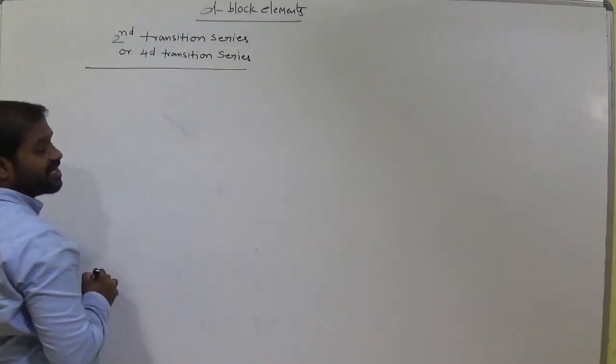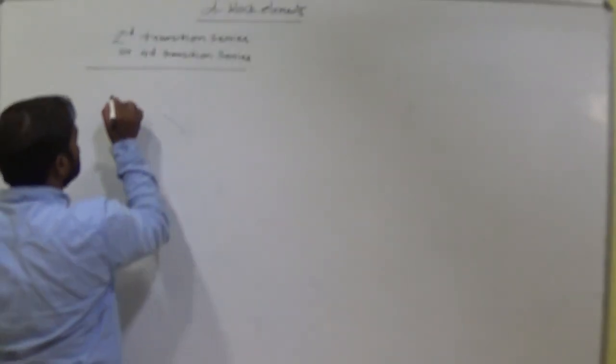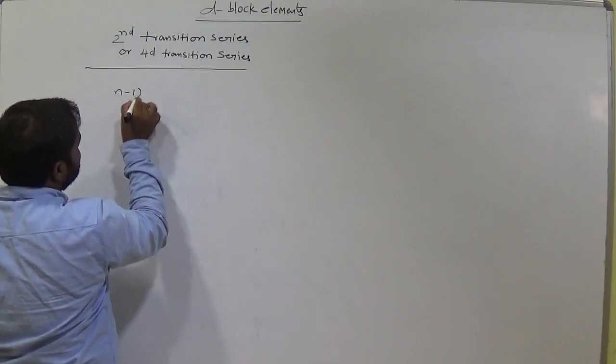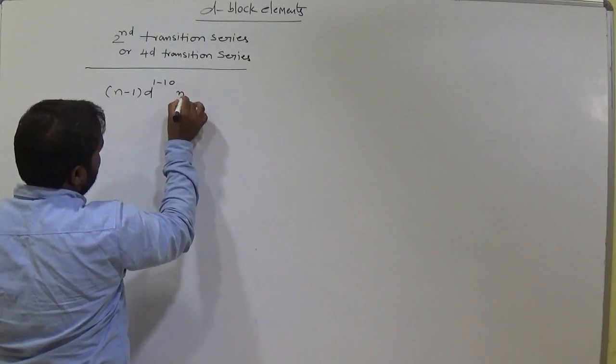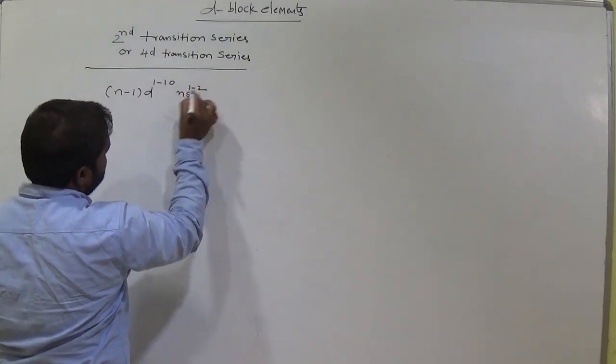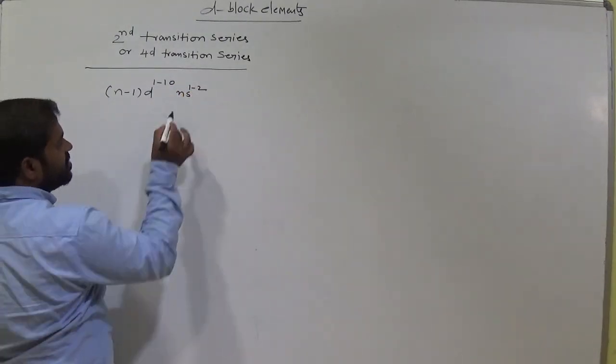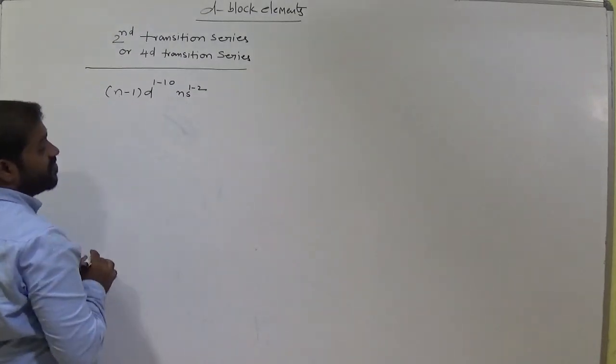So what is the general electronic configuration of these elements? (n-1)d 1 to 10 ns 1 to 2. Am I right? (n-1)d.